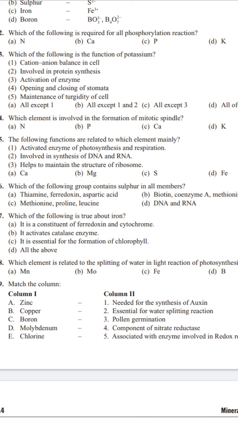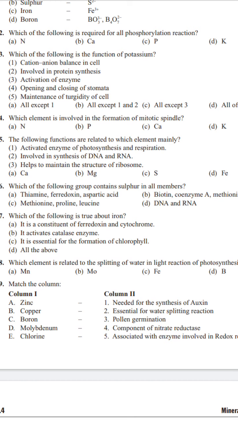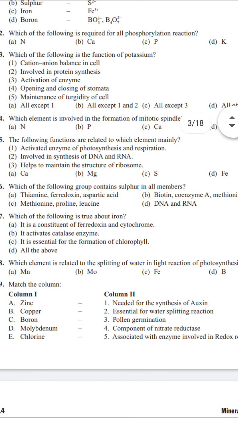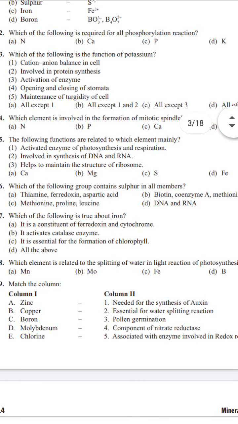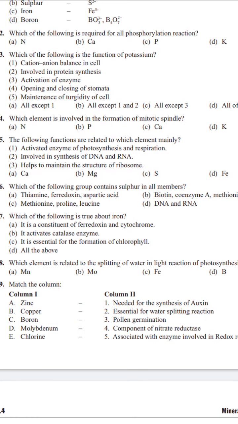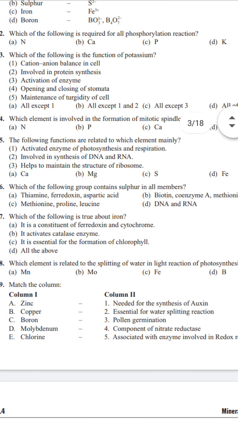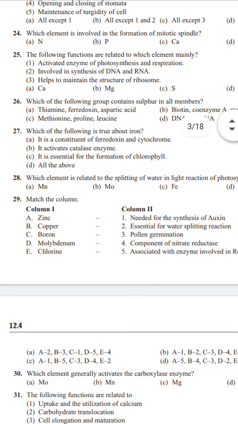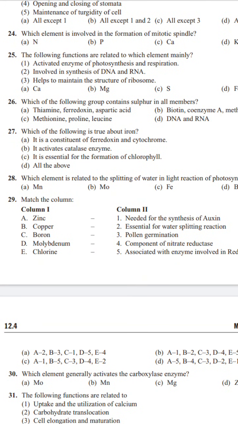Sulfur is present in two amino acids, cysteine and methionine, and is the main constituent of several enzymes and vitamins like thiamine, biotin, coenzyme A and ferredoxin. Understand? So now moving to the next question.